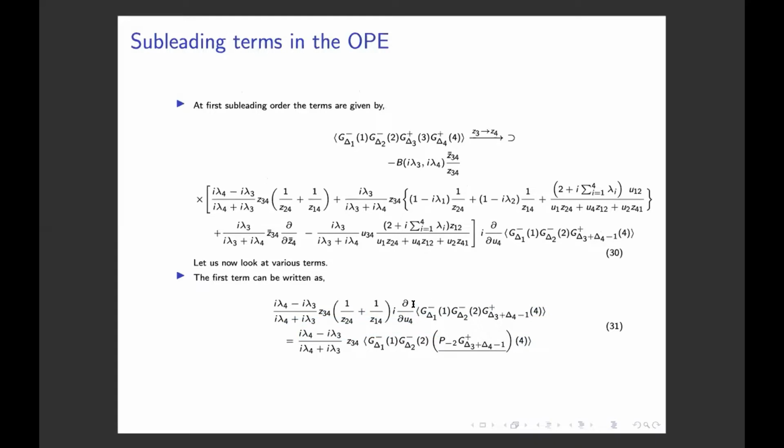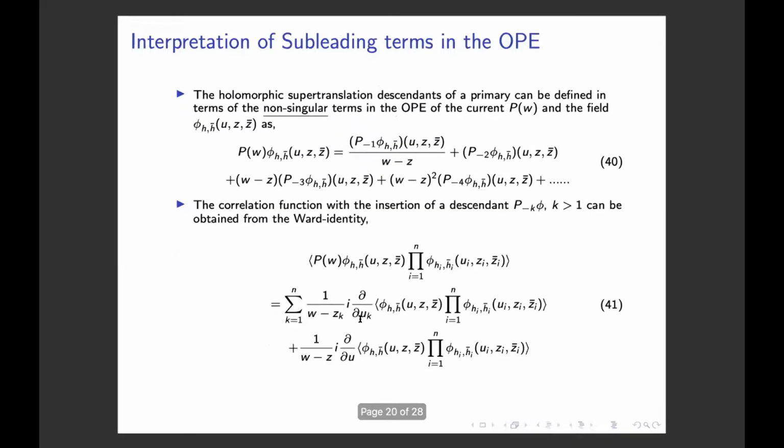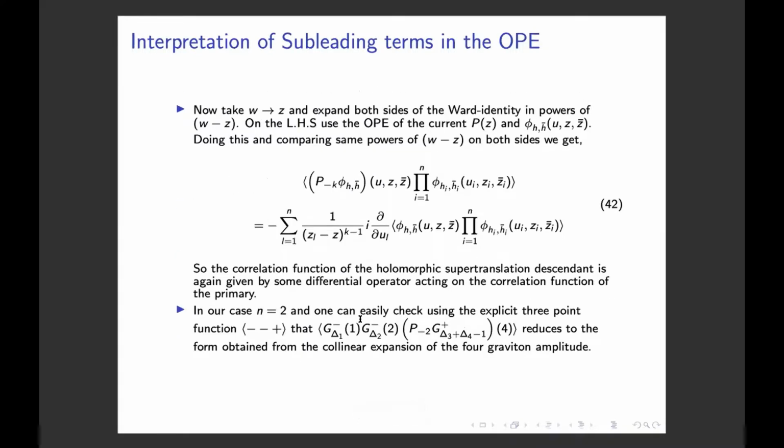Except that now you have to use the explicit form of the 3-point function to write this thing: 1 over z_24 plus 1 over z_14 times I del_u4, when acting on the 3-point function, is the same as 1 over z_24 times I del_u2 plus 1 over z_14 times I del_u1. For that you have to use the explicit form of the 3-point function, which we know.